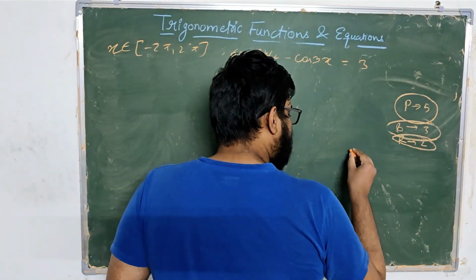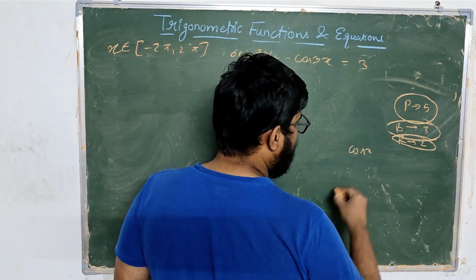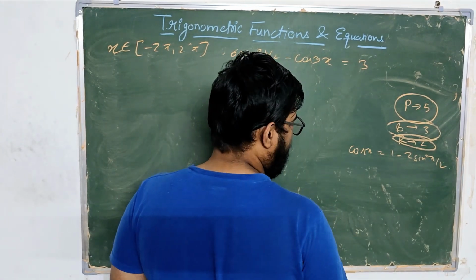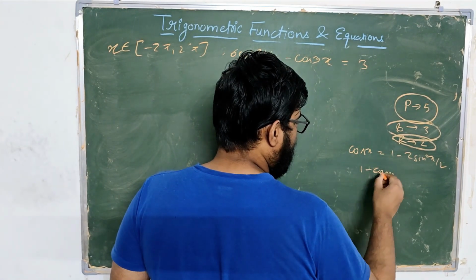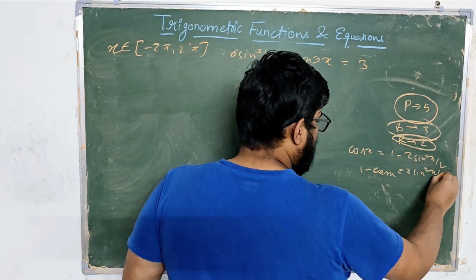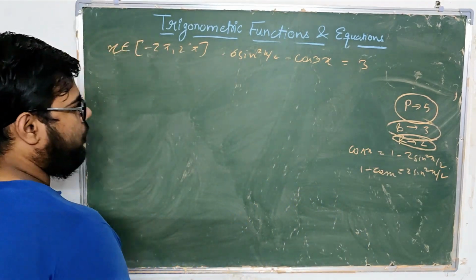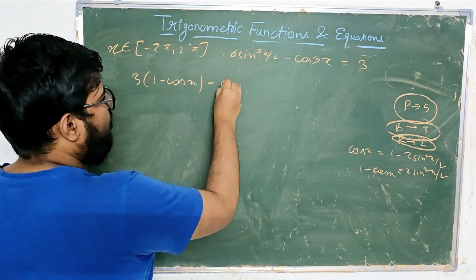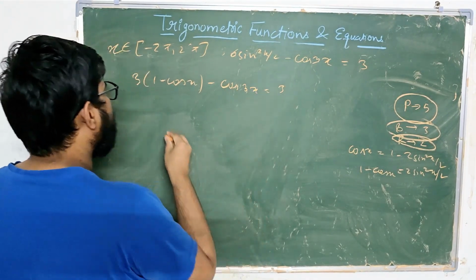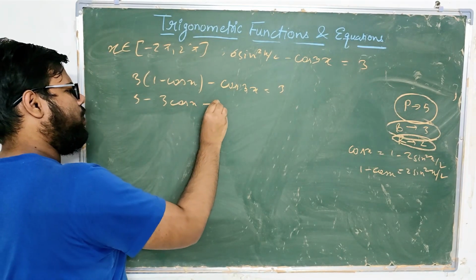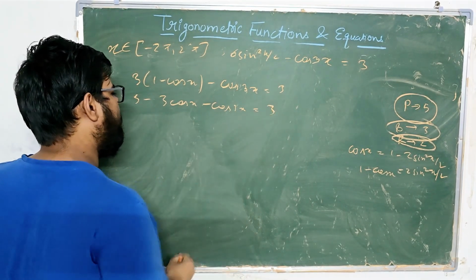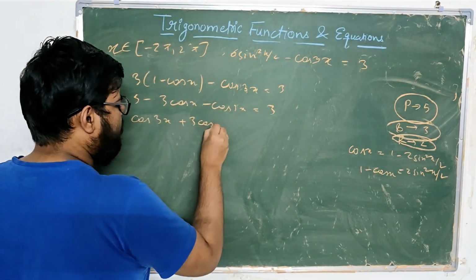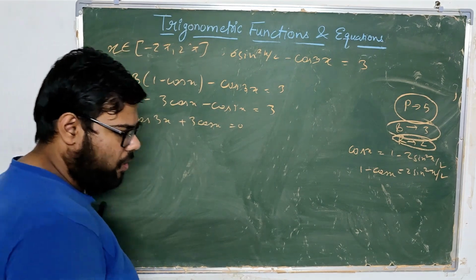Cos x is 1 minus 2 sine square x by 2, correct? 1 minus cos x is 2 sine square x by 2, correct? So we have 3 times 1 minus cos x minus cos 3x is equal to 3. So we have 3 minus 3 cos x minus cos 3x is equal to 3. So we have cos 3x plus 3 cos x is equal to 0, right? You get this expression.